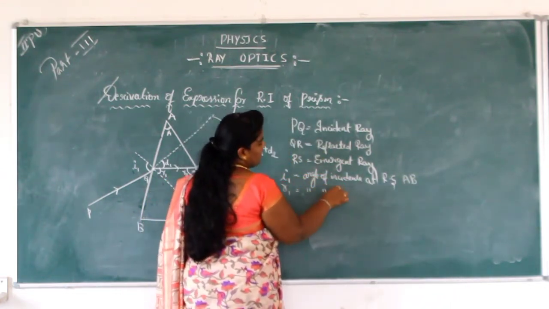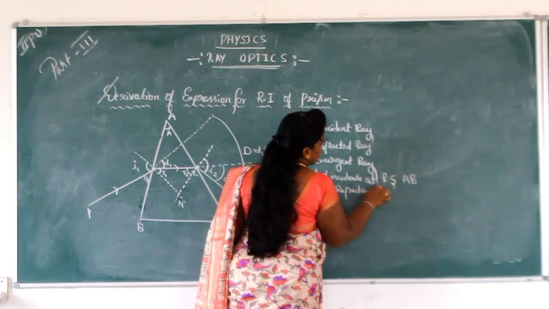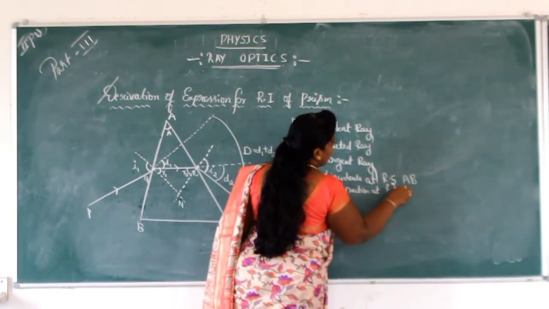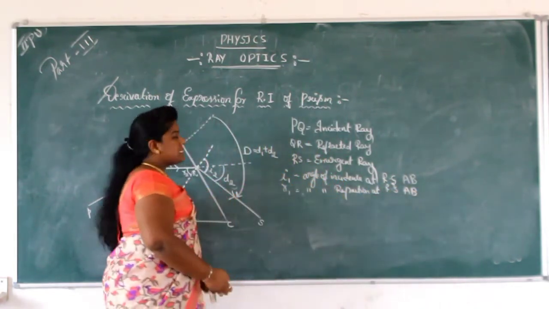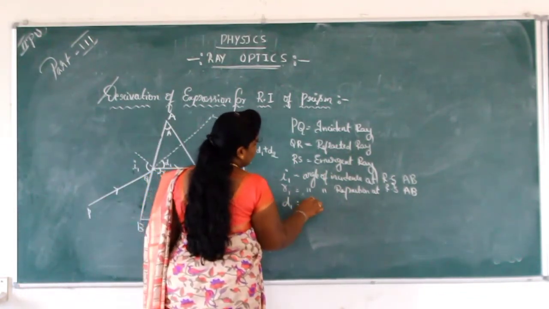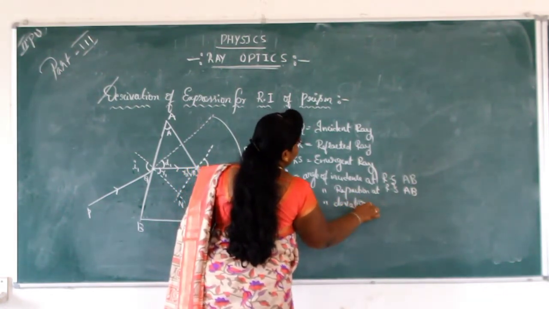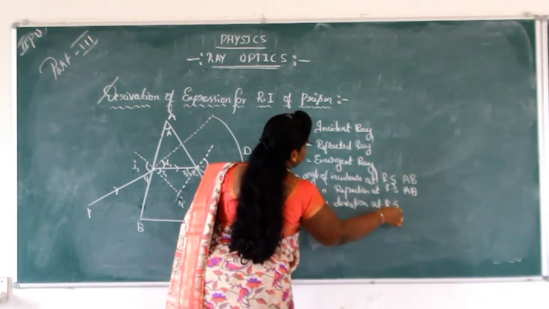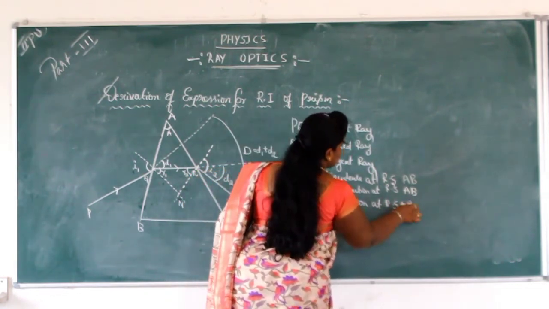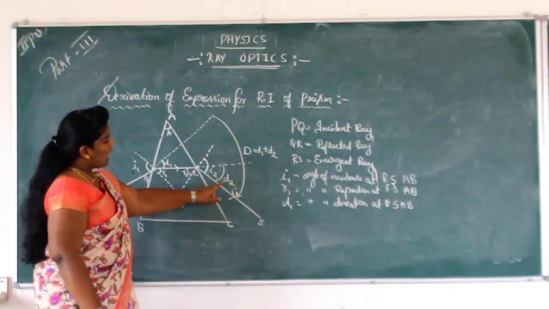Similarly, the other is the angle of refraction at refracting surface AB. Then similarly, D1 is the angle of deviation at the refracting surface AB. Similarly, we have R2, I2 and D2.